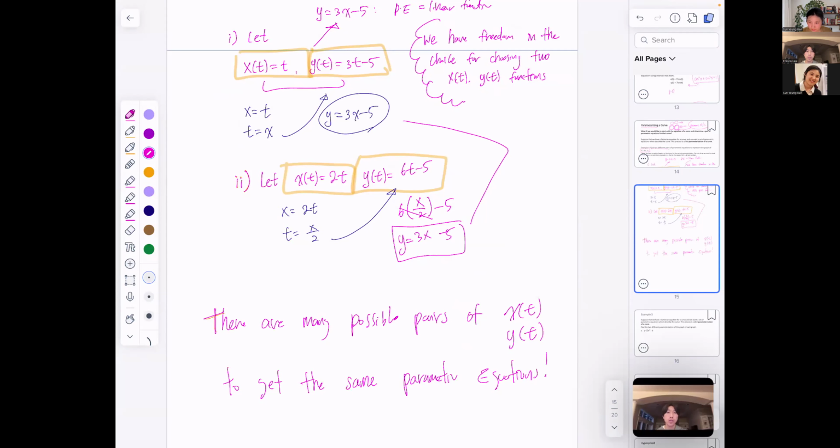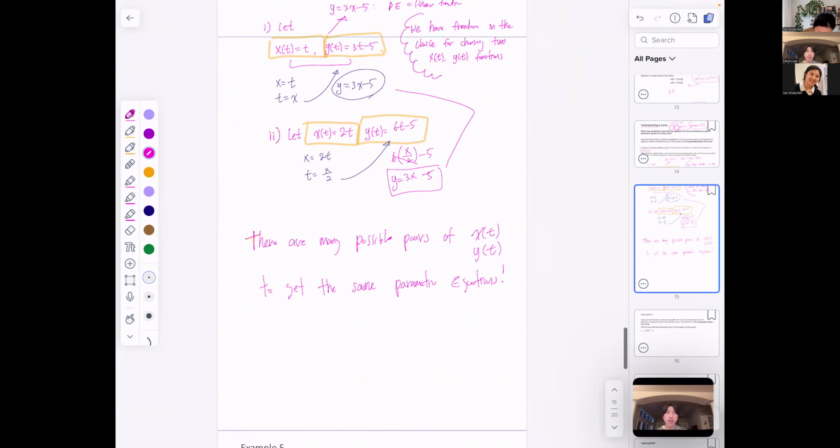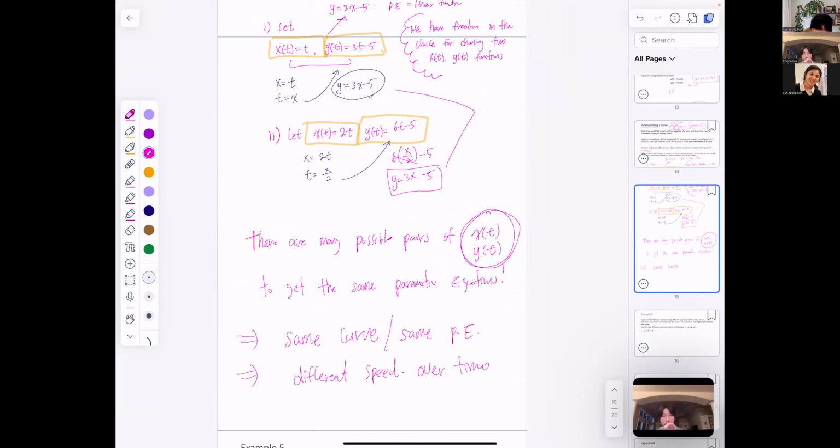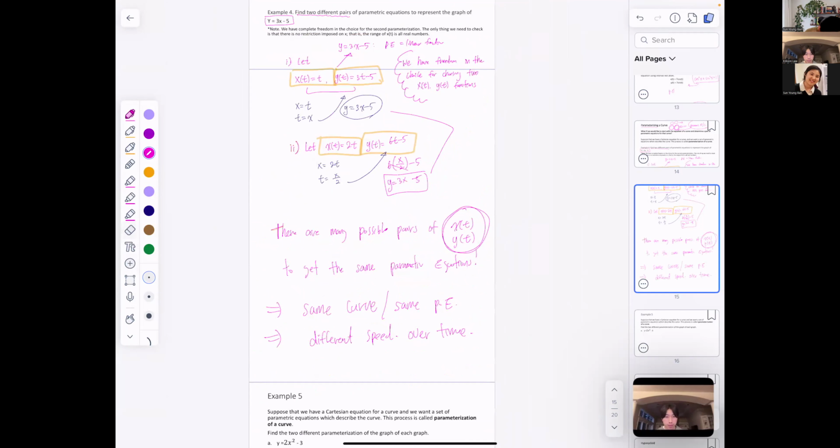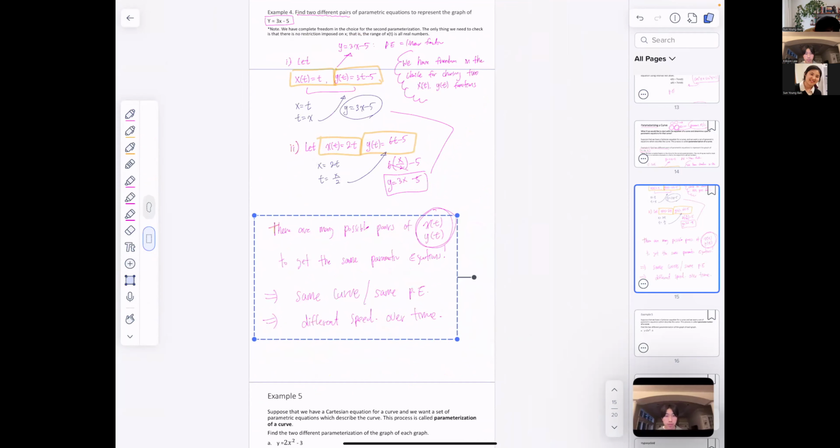What does it mean, right? Even though they have a different x and y, they have the same curve, right? Same path. Maybe they have a different speed over time. That's what they mean. This is a little bit abstract, but I'm going to explain one more time.